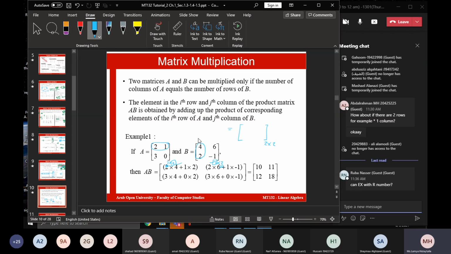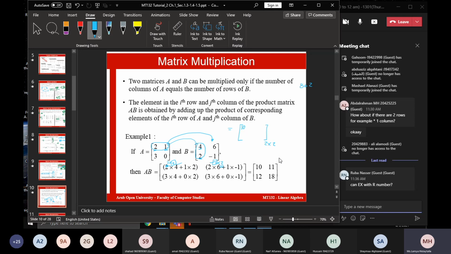Okay. How do I get it? Now we multiply 2 times 4 is 8. Then 8 plus 1 times 2 is 2. 8 plus 2 is 10. So which element is that? First row, first column. So the first value is 10. Now I finished with the first one. Now I multiply times the second one.